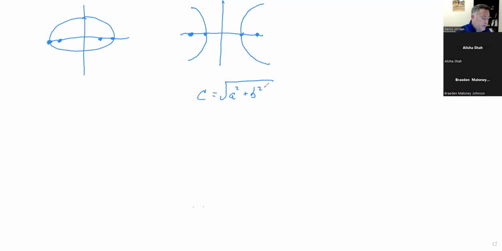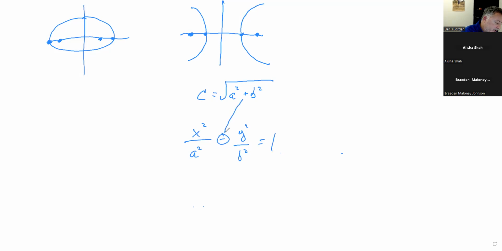Another thing you could use to help you is the equation of the hyperbola itself and the equation of the ellipse. So for the hyperbola, you've got the minus that's in between the two fractions.